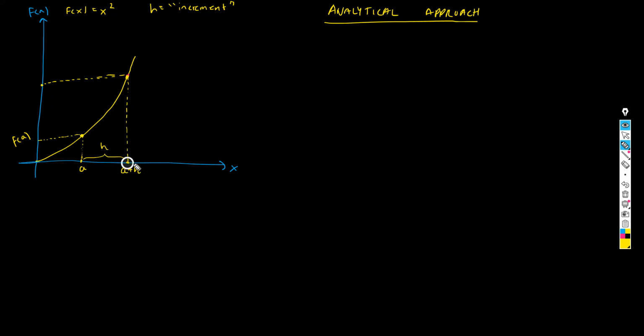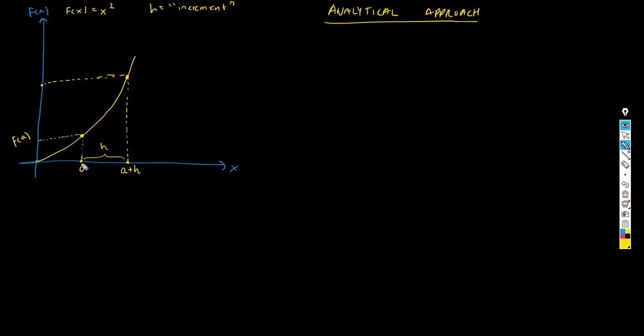This particular number here is a plus h. This is a, and then a plus h gives me a plus h. You see? All of this looks very weird at the beginning, but you're going to understand what I'm doing in a moment.